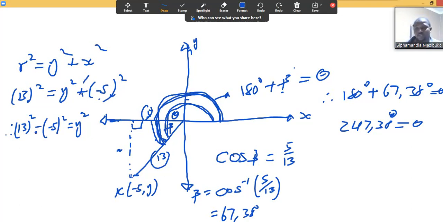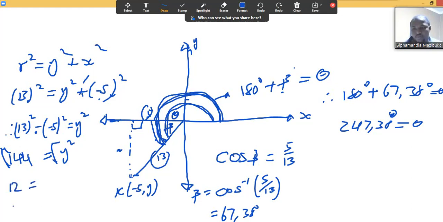So we can just put that in the calculator. 13 squared minus minus 5 squared gives us 144. So 144 is equal to y squared. We take the square root of both sides, and the answer is 12.